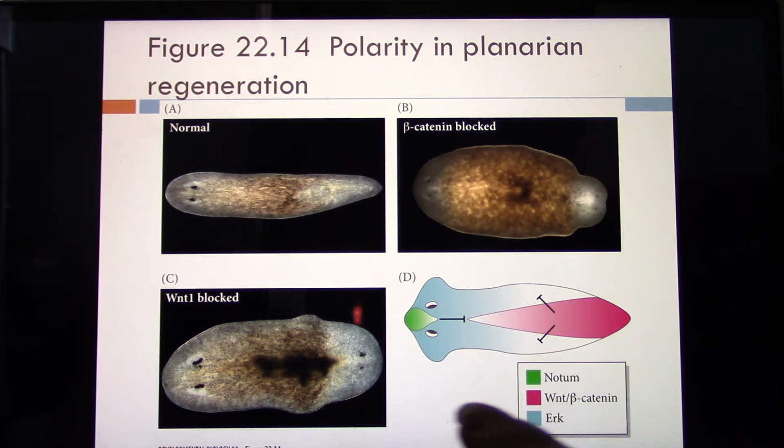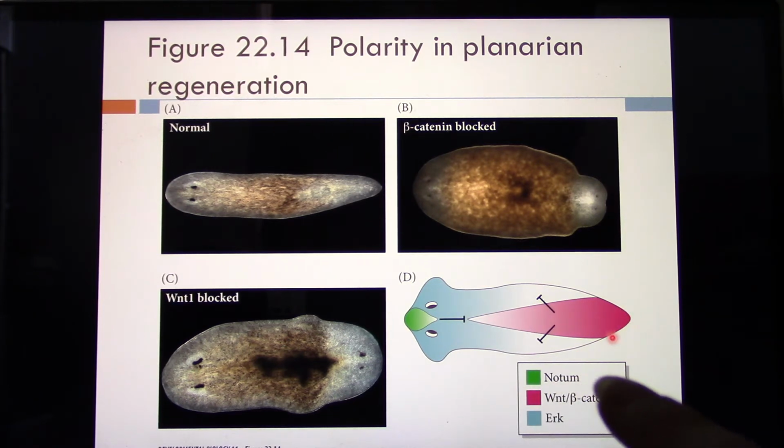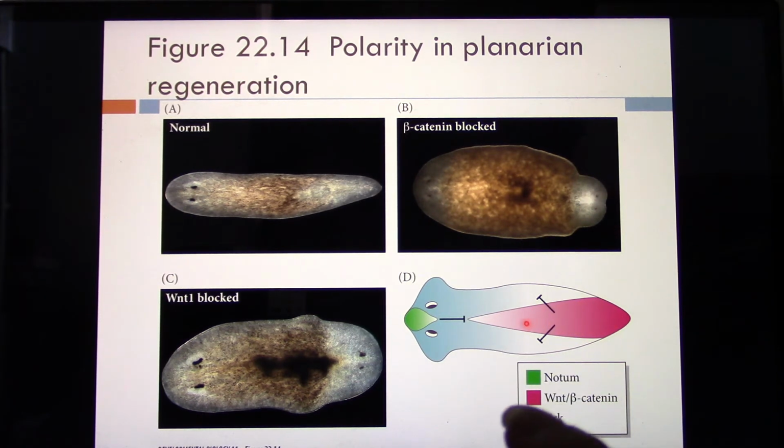So this little map right here in panel D shows you that in the tail there is a high concentration of Wnt beta-catenin, as shown by the dark pink. As we migrate into the torso, we have less and less Wnt. And Wnt is going to stop the expression of ERK, and ERK is needed in the head.